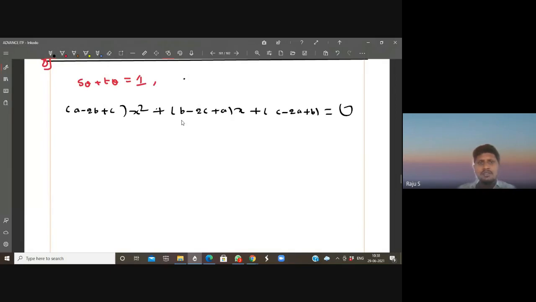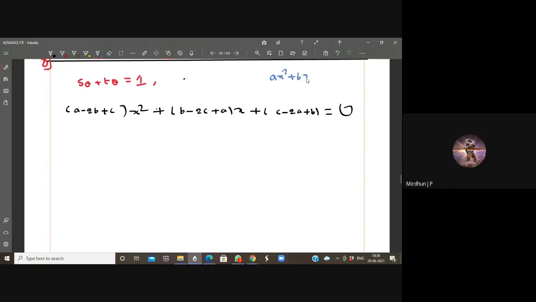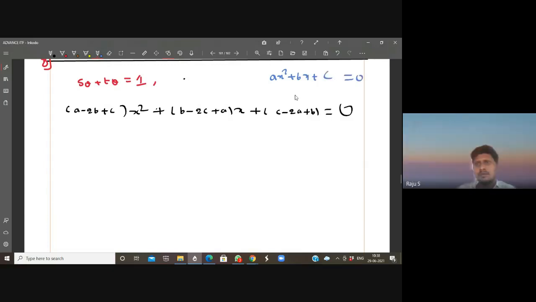First, I want to know whether we can factorize it. We cannot factorize. So why don't you apply the quadratic formula? If it is in the form a x square plus b x plus c equal to 0, then x is equal to minus b plus or minus root over b square minus 4ac, divided by 2a. Here this is a, this is b, this is c.